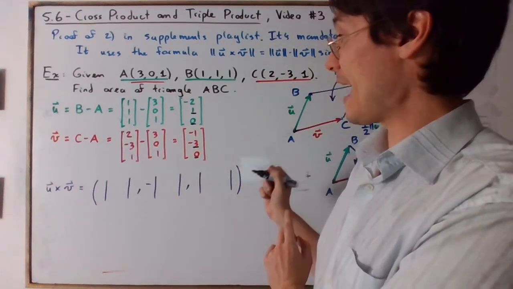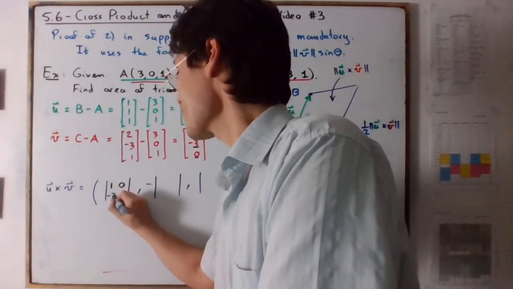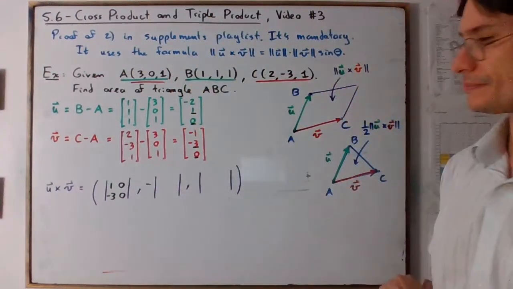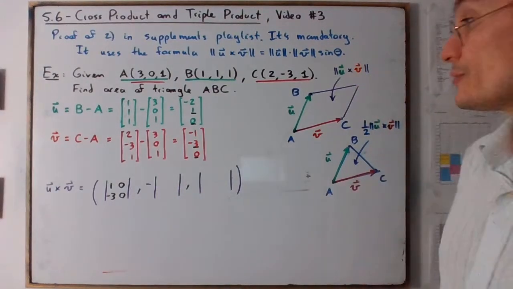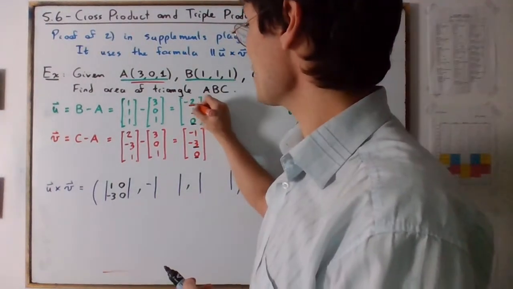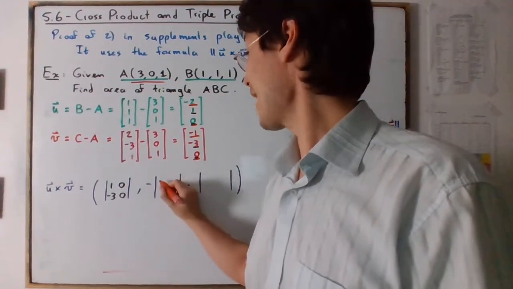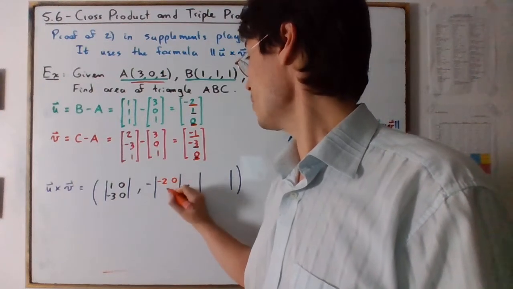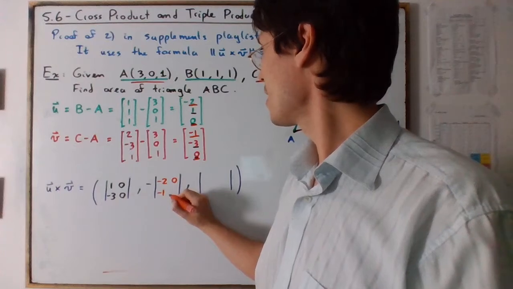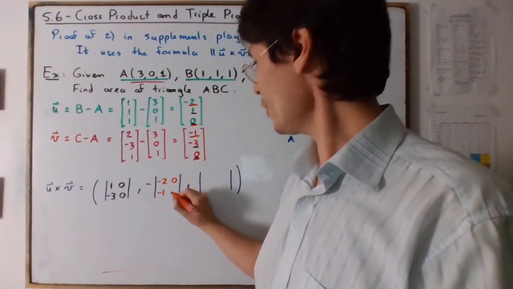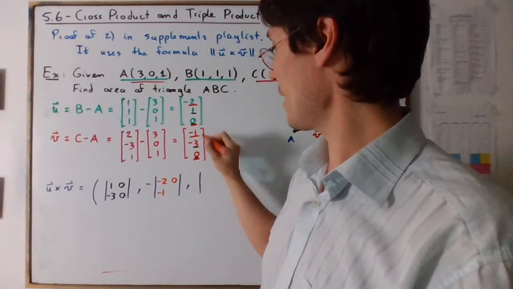So for the first determinant, we're using the second and the third. So in other words, we're having here 1, 0, and negative 3, 0. For the second determinant, I will use orange this time around, you're using the first and the third. So in other words, you have negative 2, 0, negative 1, 0.